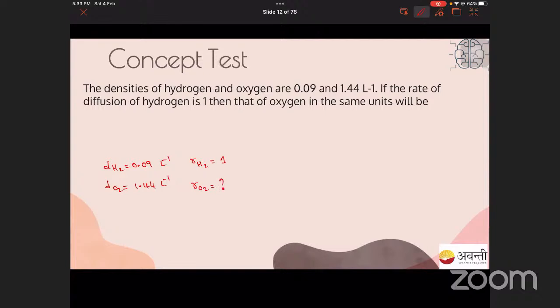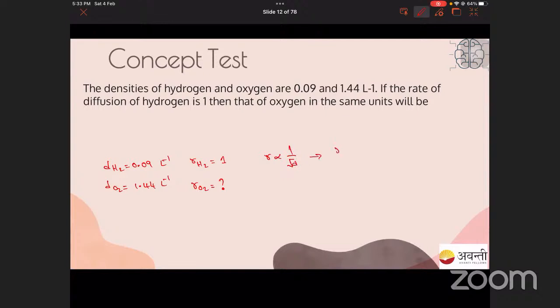Now, do you remember what is the relation between rate and density? Is it inversely proportional to square root of density or directly proportional to square root of density? Can answer in the chat. It is inversely proportional to square root of density. Rate is inversely proportional to square root of density.